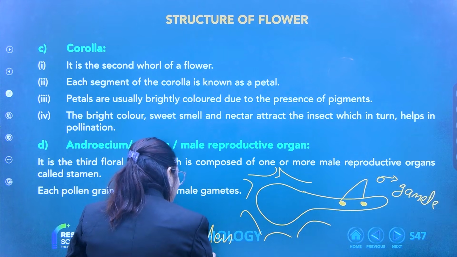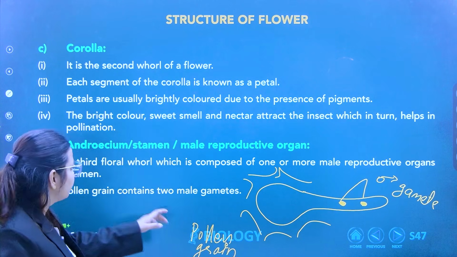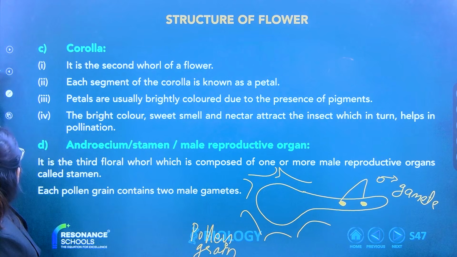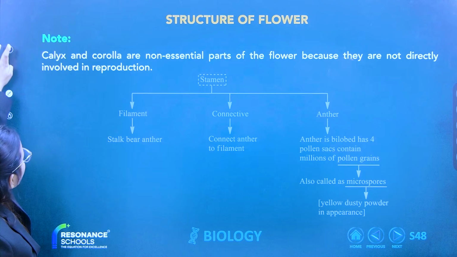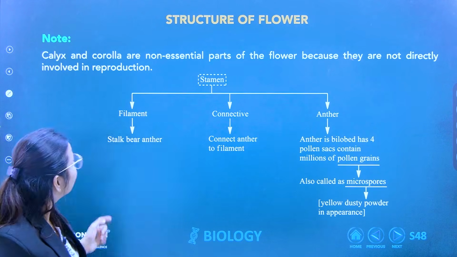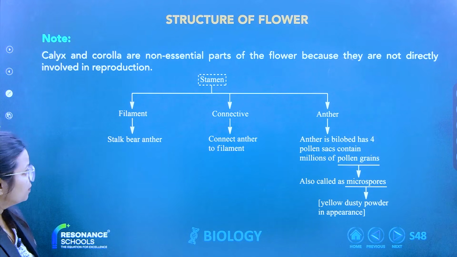Pollen grain has male gametes inside it, so each pollen grain contains two male gametes inside. Calyx and corolla are non-essential parts of the flower because they do not directly participate in sexual reproduction.